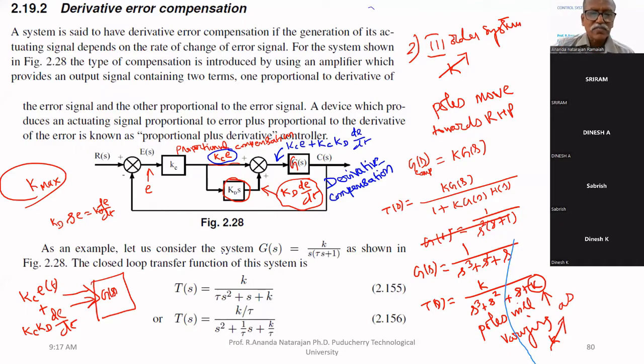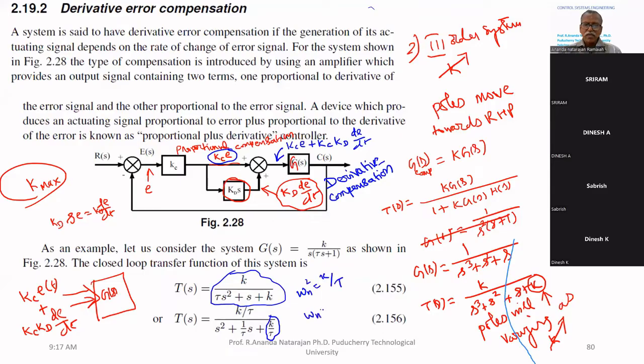These two are inputs to the system. What will happen to the system, that we will see now. This is the original system: K upon tau s square plus s plus K. What is the omega n of that system? Omega n square equal to K by tau.